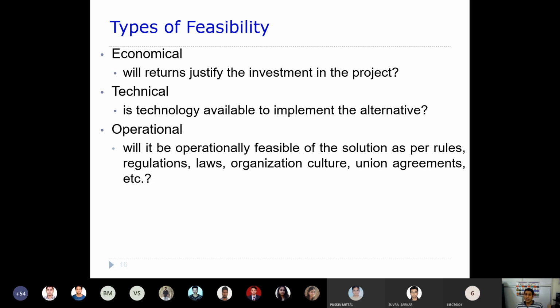So unless you take proper permission, you will not be able to operate that particular solution. So that is what we are saying. Or we may have some sort of rules within our organization. So you need to ensure that this is operationally feasible.